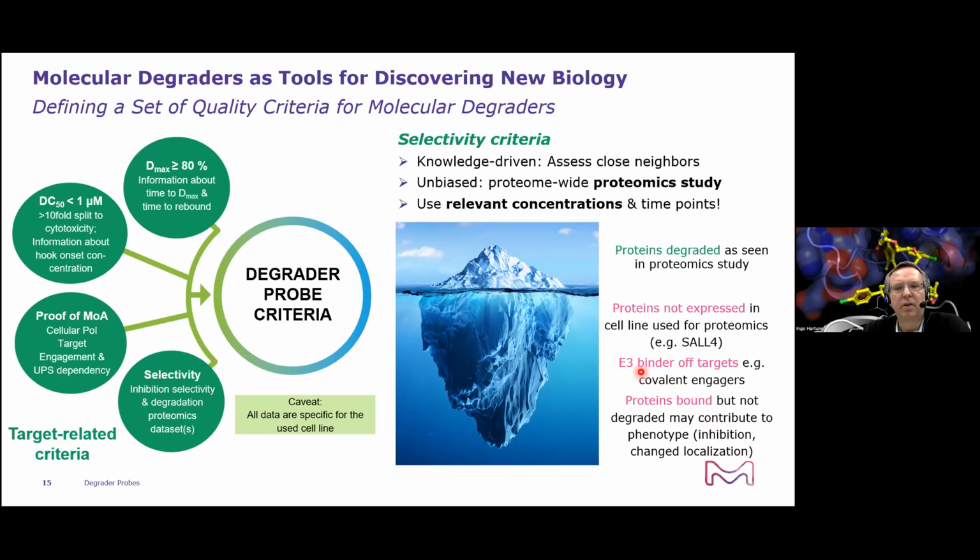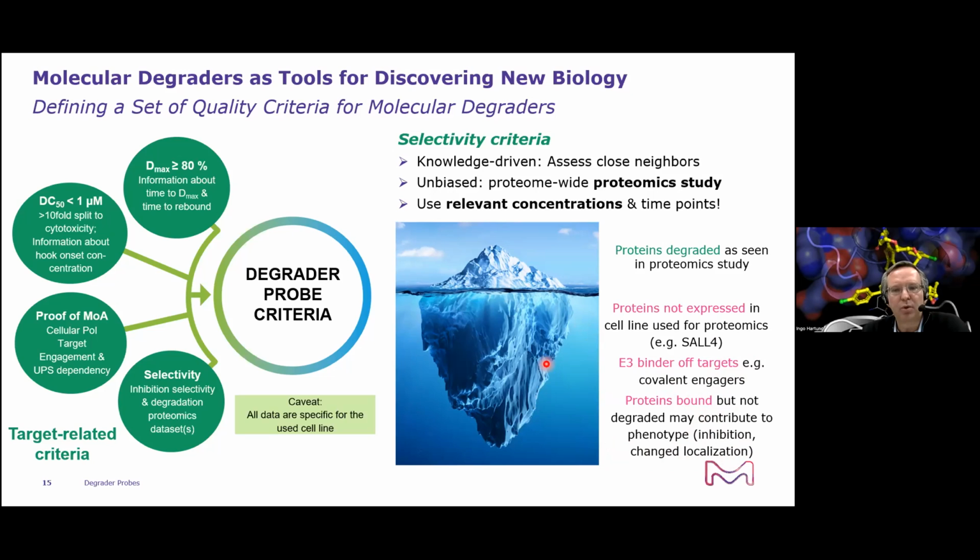If it's binding to E3s, what else is it binding? If it's a covalent engager, keep in mind, it may engage other proteins but not degrade them. But by engaging other proteins, you may already also generate phenotypes by inhibition, by changing localization, by changing dynamics.